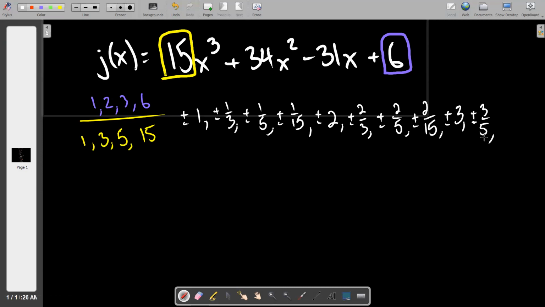That leaves us then with number 6 on top, and he's going to be positive negative, of course, 6. You'll never hit repetition with ones because that's always going to be a new unique whole number. What is 6/3? 6/3 is 2, which is already on the list. Next up is 6/5, which has to be new. And then the last one is 6/15, which reduces to what? 2/5? That's already on the list.